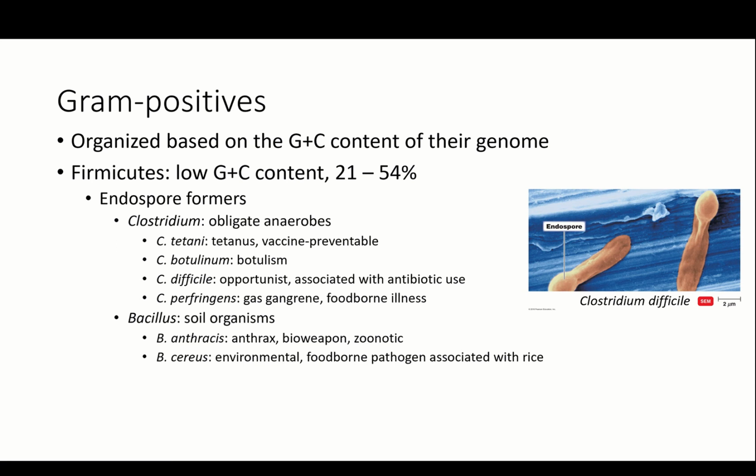And then Bacillus cereus is an environmental organism that can sometimes be implicated in foodborne disease, because the soil will contaminate water sometimes, especially in rice production. If you're unfamiliar with how rice is grown, they tend to inundate the fields either naturally through flooding or intentionally in order to grow the rice.